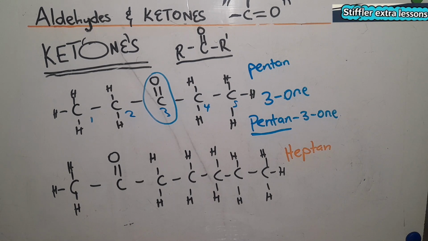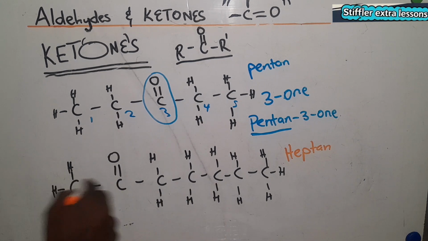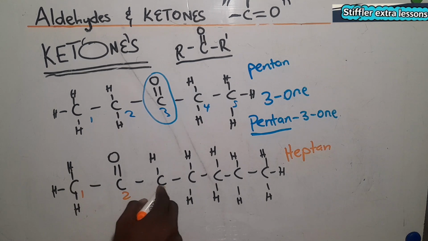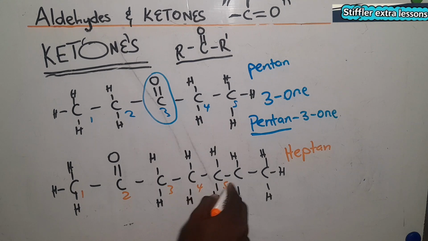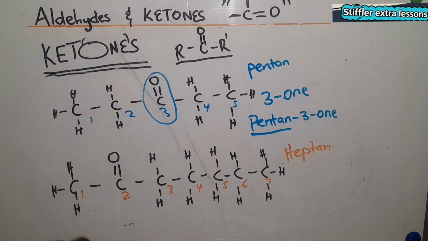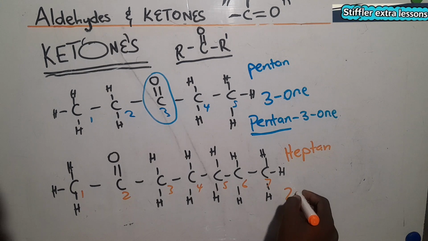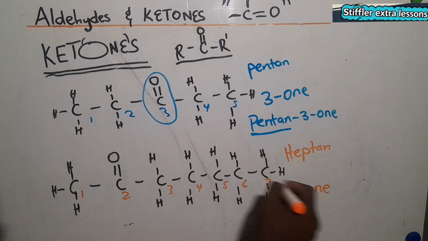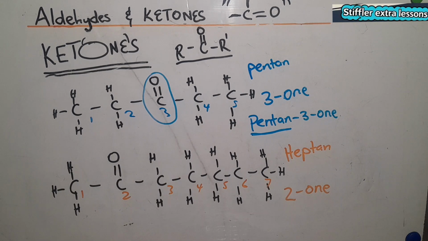And now we number our carbons from the side closest to the what? To this carbonyl. So obviously it is closest to this side. So it's 1, 2, 3, 4, 5, 6, 7. So this is coming on carbon number 2. So on carbon number 2, we're having the 1 like that, the ketone, right?